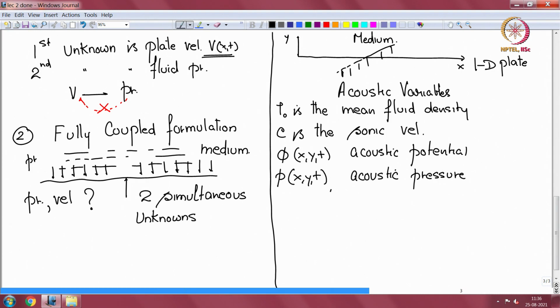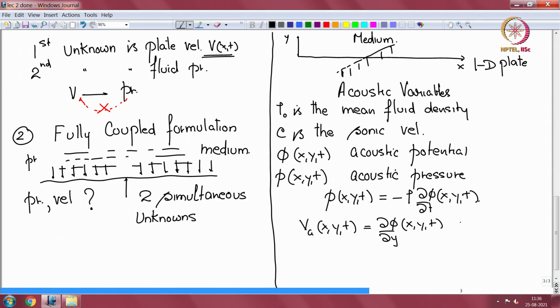Then we have P of x, y, t given by minus rho 0 del phi by del t, and the acoustic particle velocity in the y direction is given by del phi by del y.